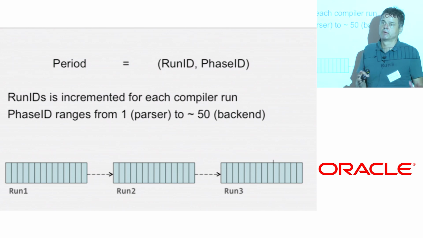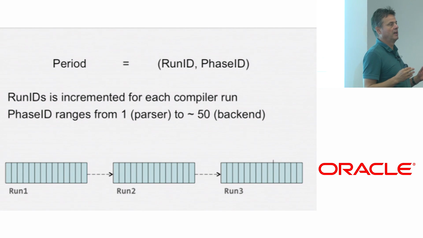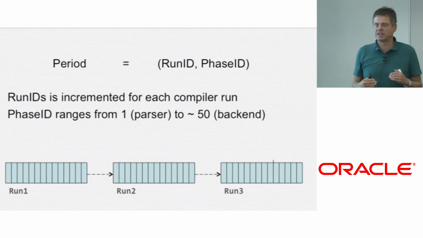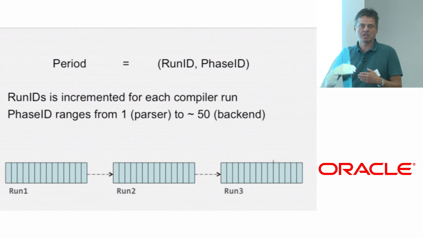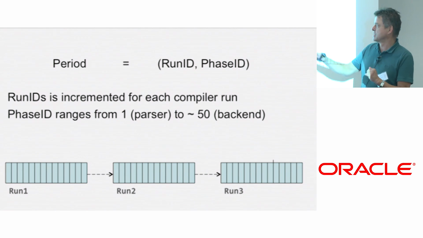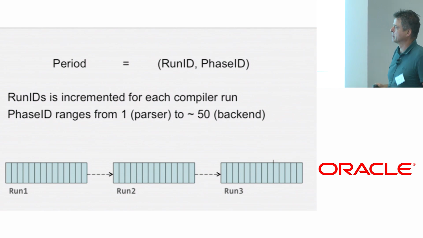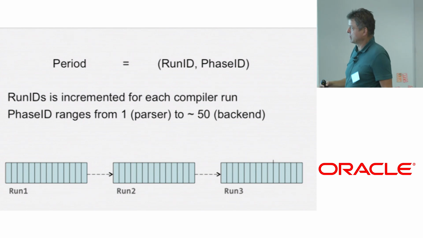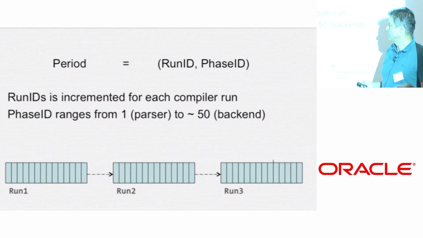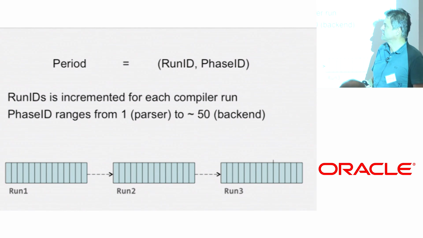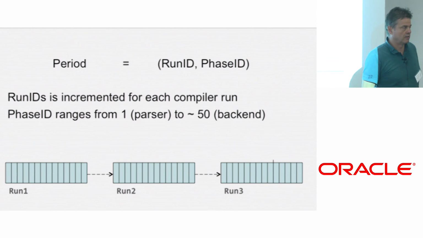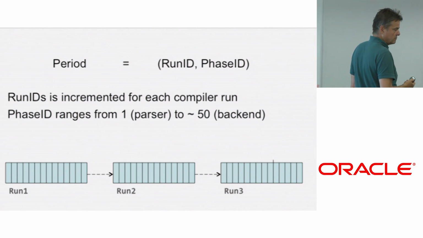And the second part of the time is the phase ID. We have all these transformation phases, and the types can potentially change after each phase. So that's essentially the minor part of our period. The phase ID runs currently from about 1 to 50 or something like that. That's the phases we have. And the run ID is incremented on each compiler run.